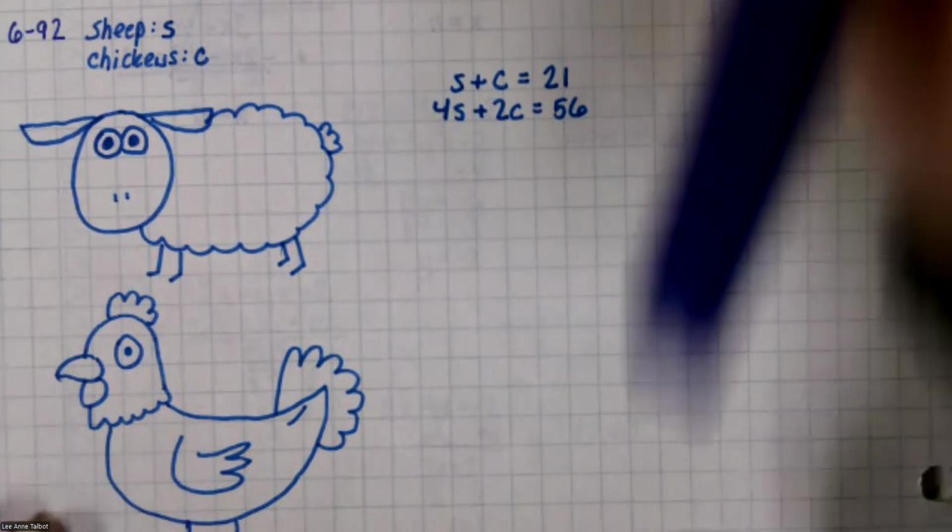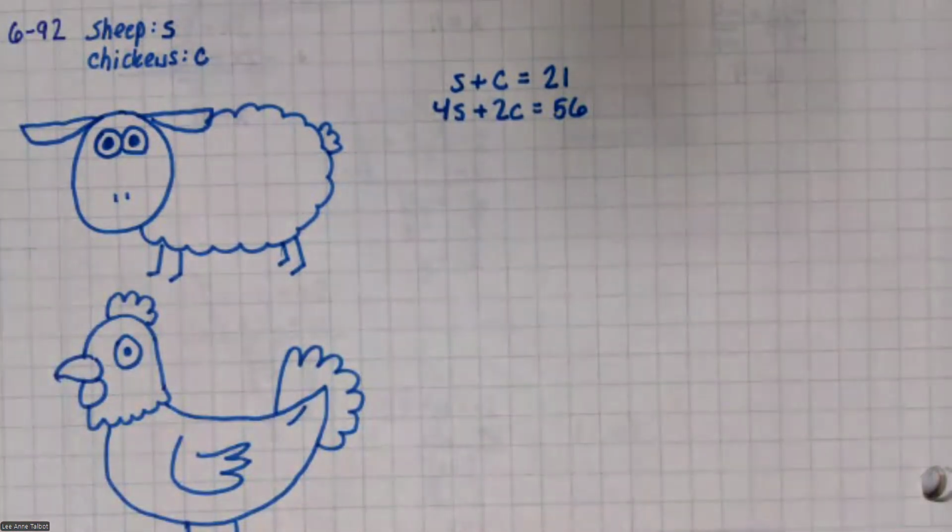Okay, now on this one we have options. Let's talk through our two options. We can either multiply the top equation by -4 and eliminate the s's, or we could multiply the top equation by -2 and eliminate the c's.